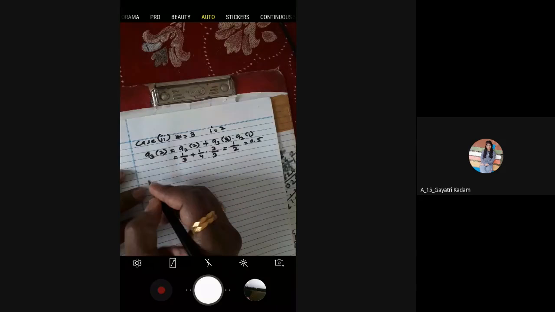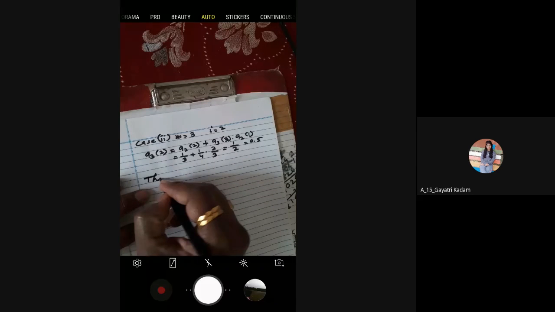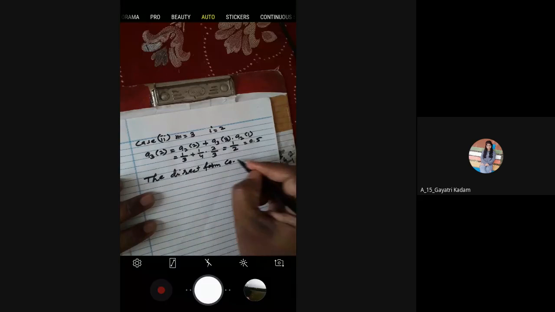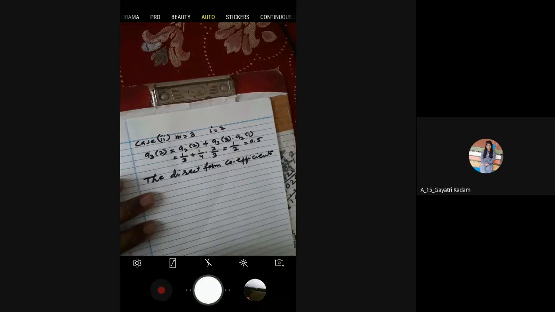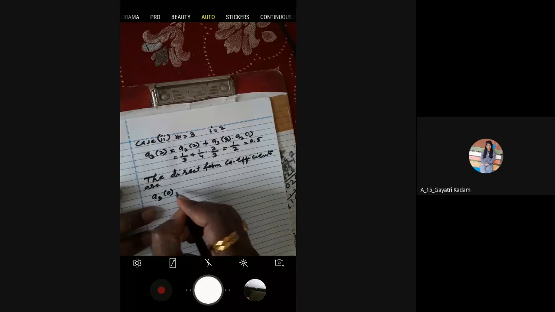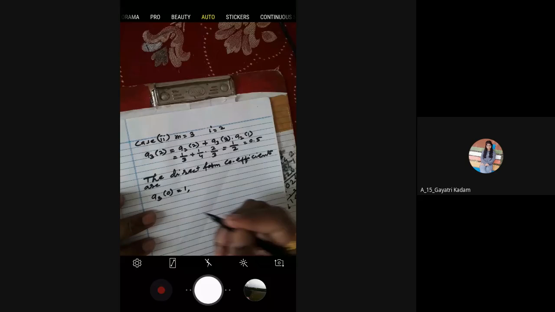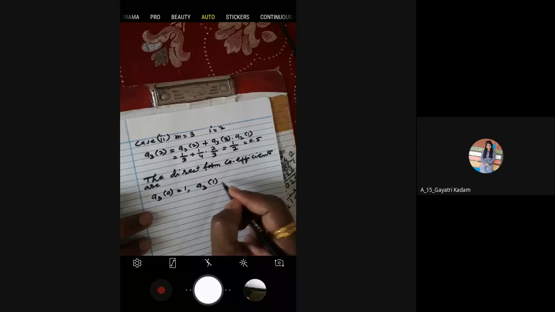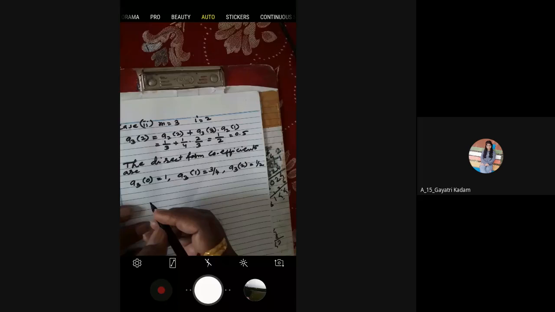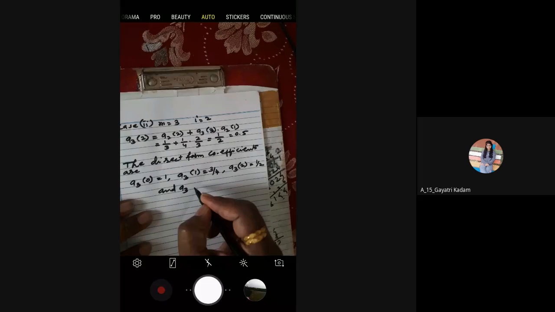Okay. So therefore, what can I write now? I can write the direct form coefficients are: a3 of 0 is equal to 1, a3 of 1 is equal to 3 by 4, a3 of 2 is equal to 1 by 2, and a3 of 3 is equal to 1 by 4.